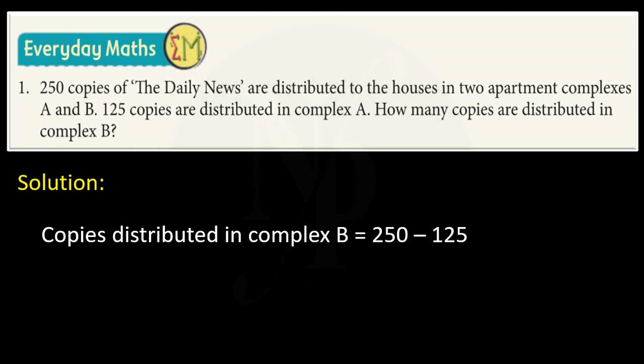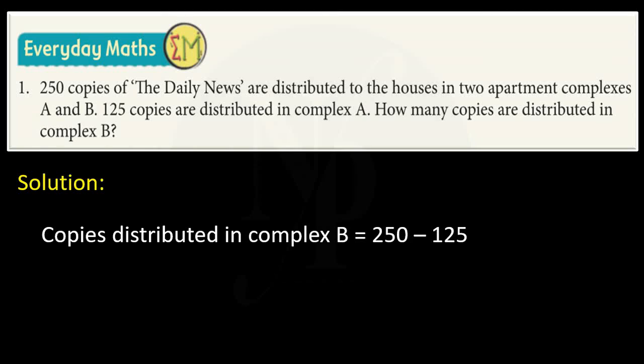So, on subtracting the number of copies distributed in complex A from the total number of copies of newspapers distributed, we will get the number of copies distributed in complex B. So, subtract 125 from 250 to get the required answer.